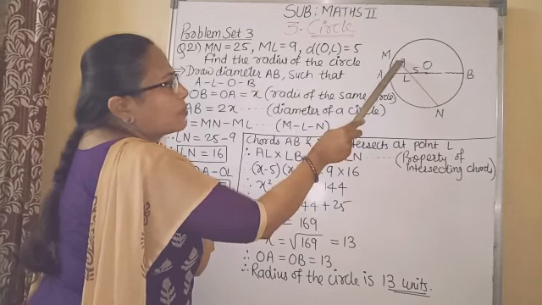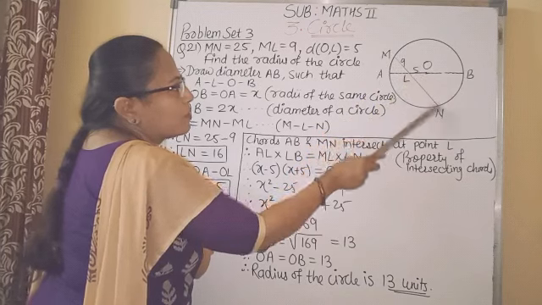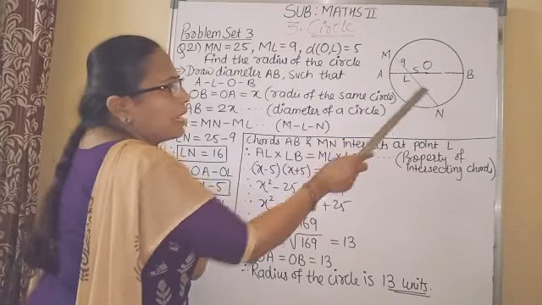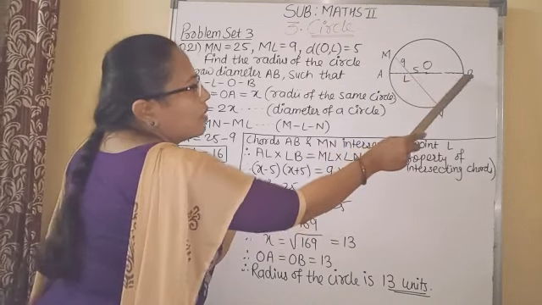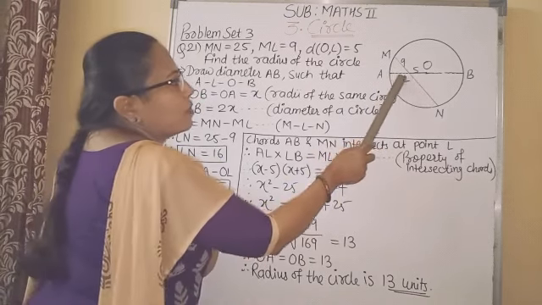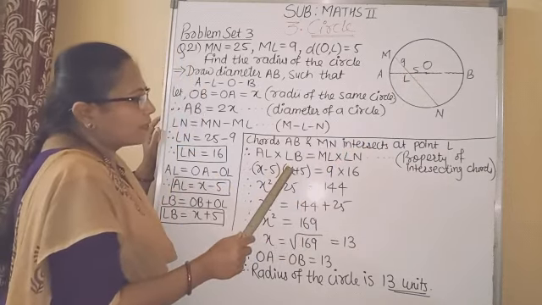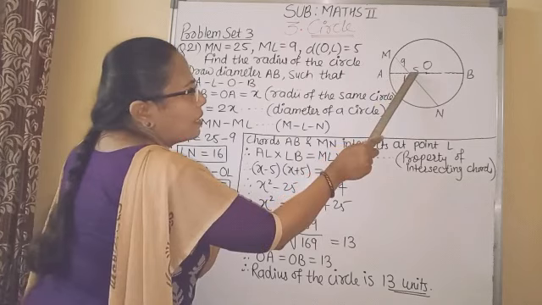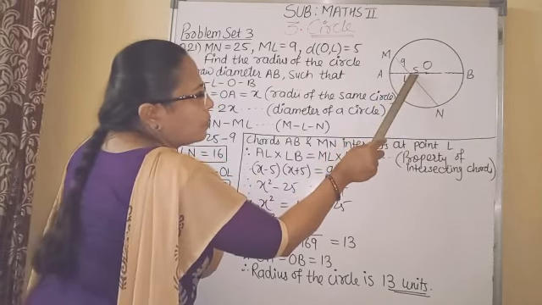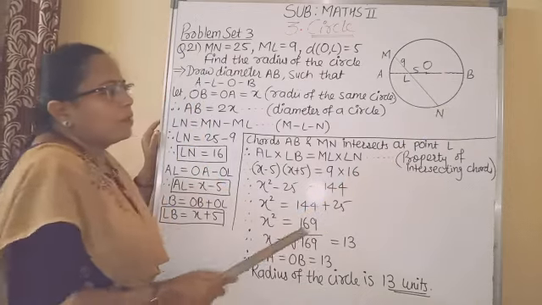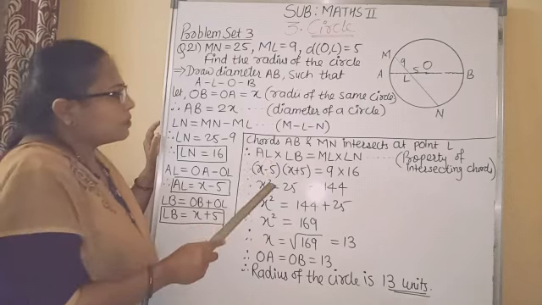The product of the two parts of the first chord, ML into LN, is equal to AL into LB. So AL into LB is equal to ML into LN. This is the property of intersecting chords.